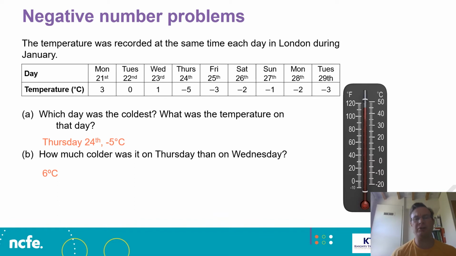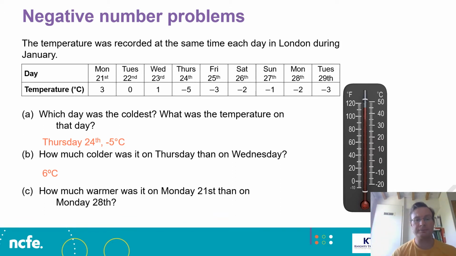And we come up with 6 degrees. To get from -5 to 0, we've got 5 skips, 1 skip up to 1, and that's 6 whole degrees.